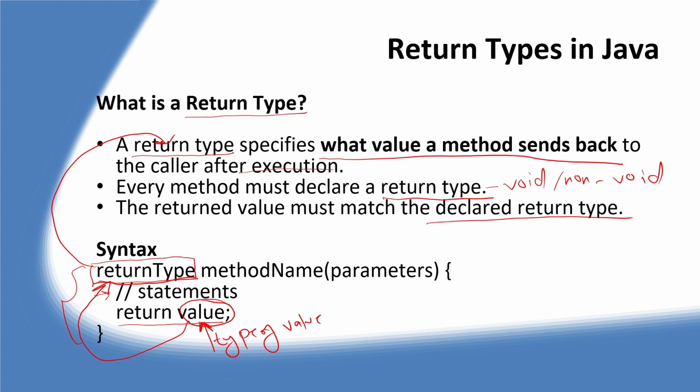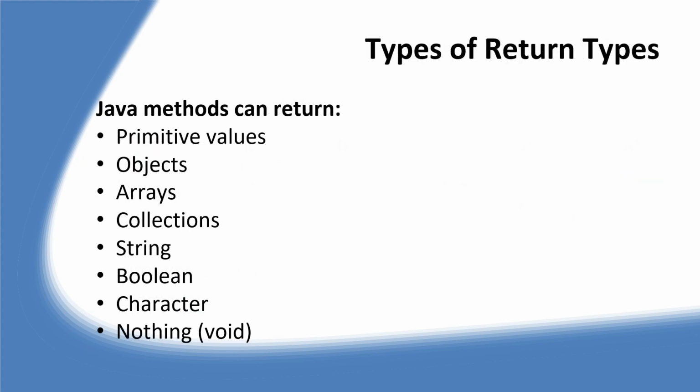Now let's see the types of return types. For return type also we have different types. It can be primitive values, objects, arrays, collections. We'll see in the later videos what collections are.